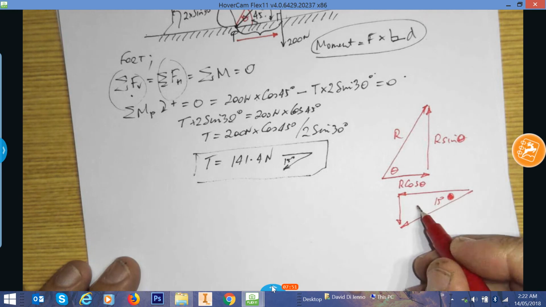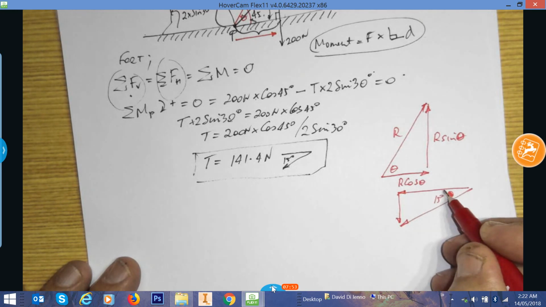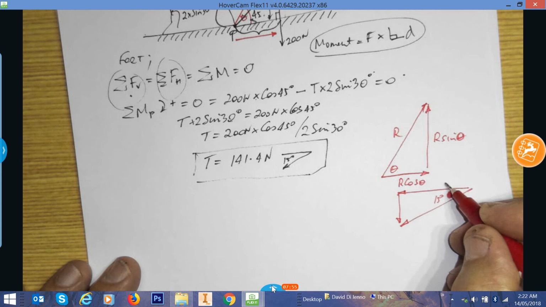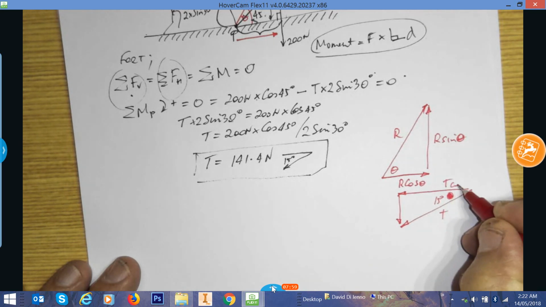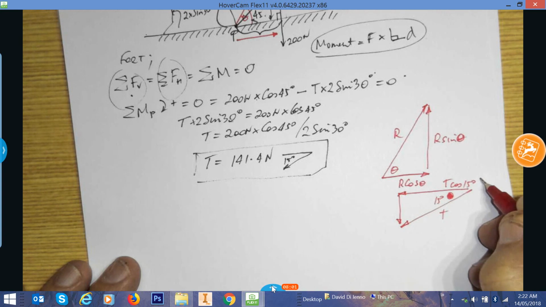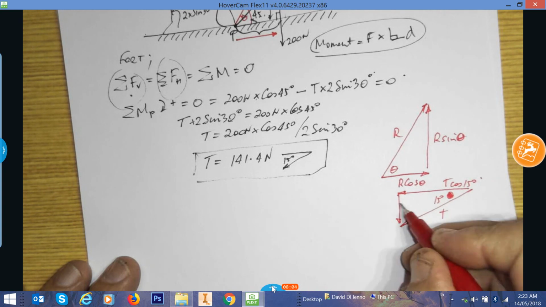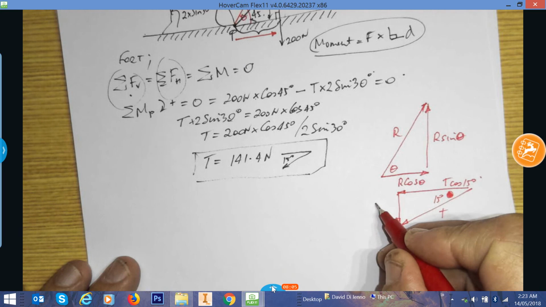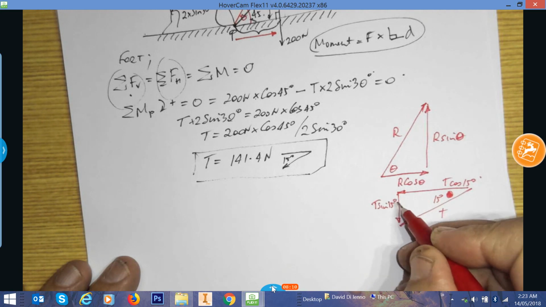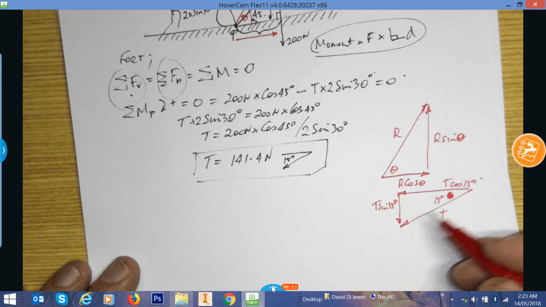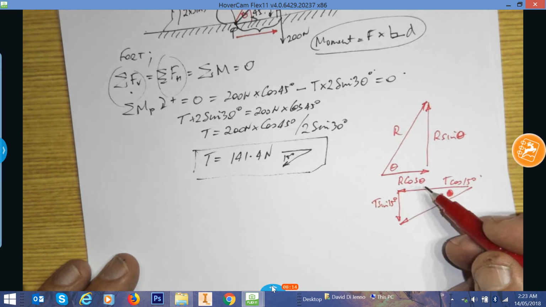The horizontal component will be T cos 15 degrees. And the vertical component will be opposite over hypotenuse, which will be T sine of 15 degrees. Okay, so they're the components of each of these two vectors.